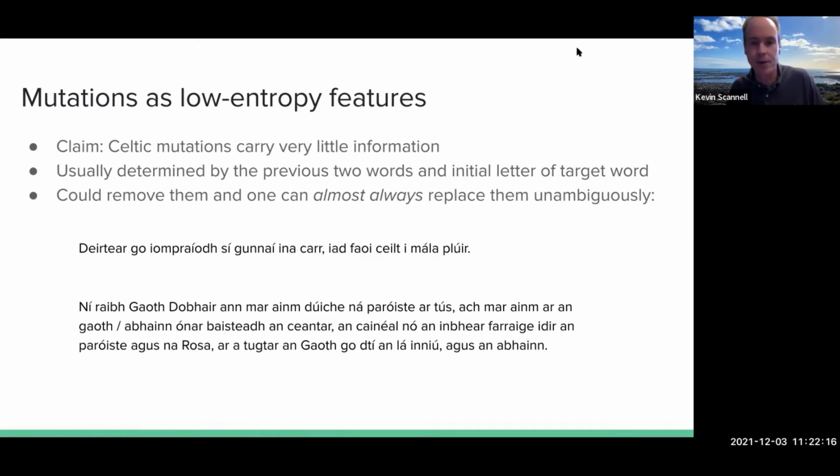There are other subtleties as well. Peroshta, which means parish here, is both masculine and feminine, depending on the dialect that you speak. And if you look in the dictionaries, it's feminine, but in Donegal, more often masculine.